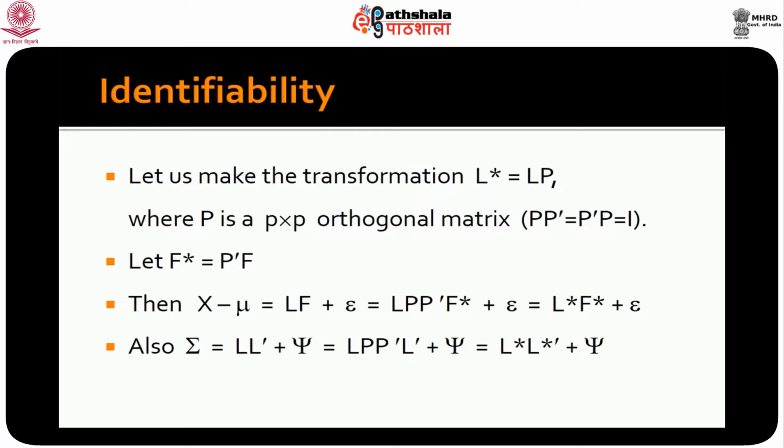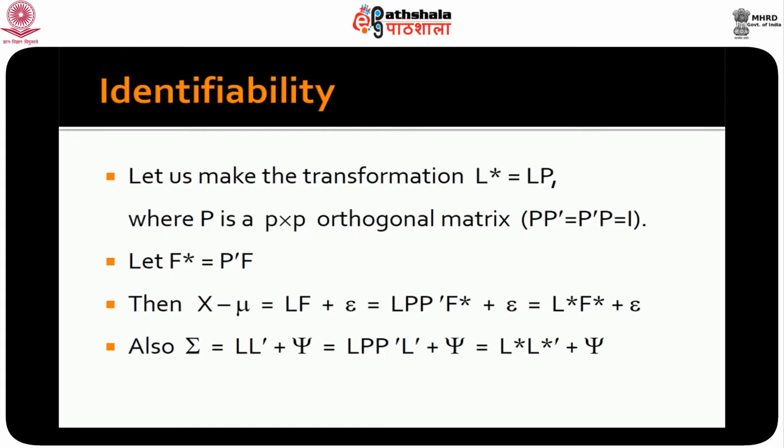Using this T in the original model, we can write x is equal to mu plus L T T prime f plus epsilon, and then you call L T as L star and T prime f as f star, and you have a new model x is equal to mu plus L star f star plus epsilon. Now you see that you are back with the same model.